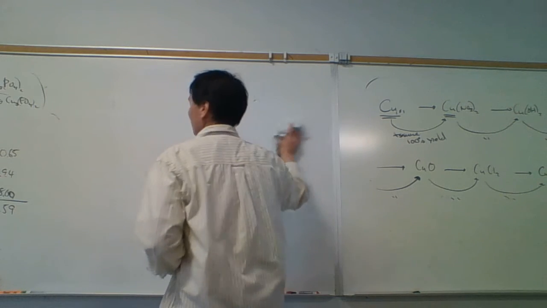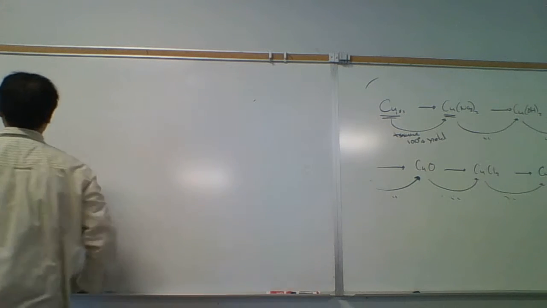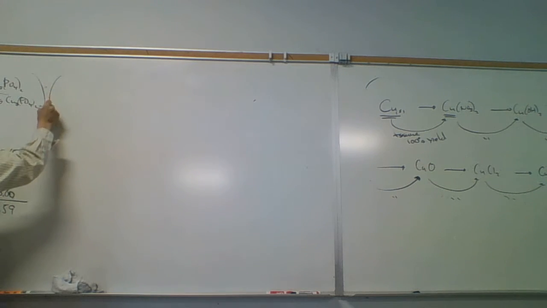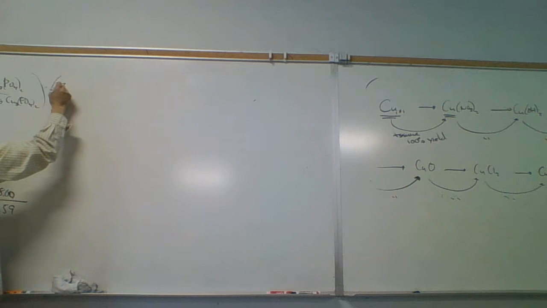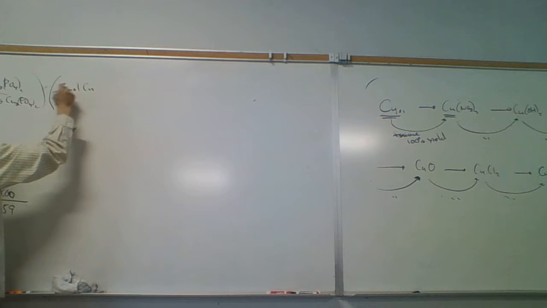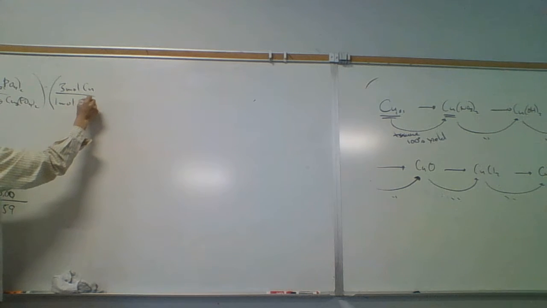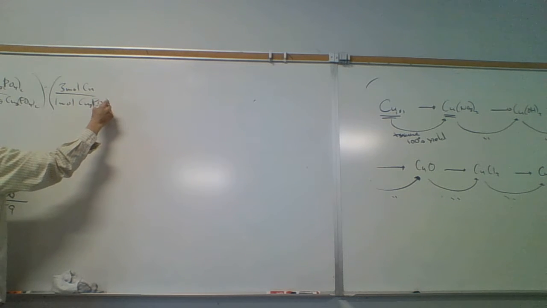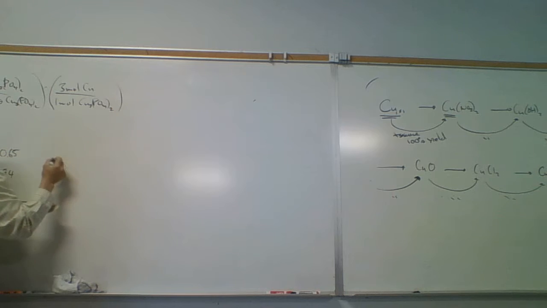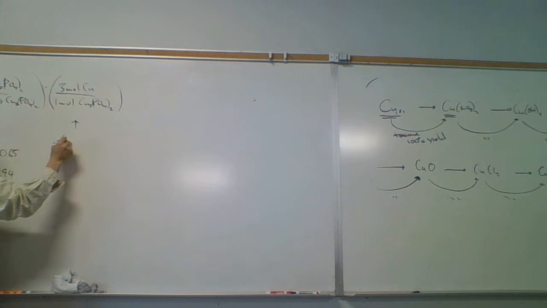And then what I'm going to do is use the mole ratio from the formula. That is, there are 3 moles of copper for every 1 mole of copper 2 phosphate. This is from the formula.